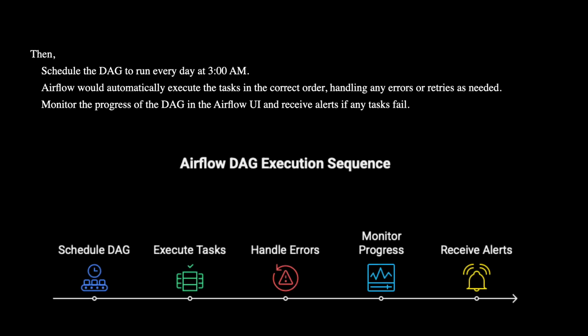Before scheduling, we have to author the workflow. Then the first step is scheduling the DAG, execution of each and every task, handling the errors, monitoring the progress of the workflow, and receiving any alerts in failure cases. That's about scheduling of the DAG in our example scenario.